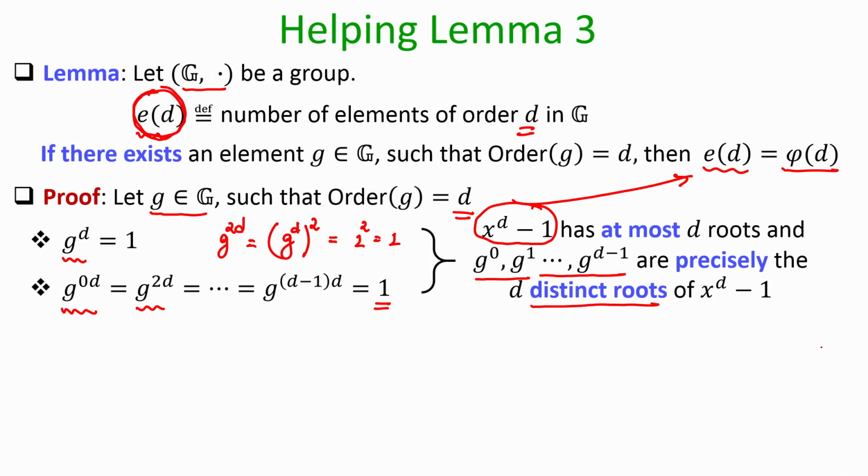And that is the maximum number of roots I can have for this polynomial, because it is of degree d. So, it can have at most d roots, but I have actually shown you d distinct elements from the group which constitute the roots of this polynomial.